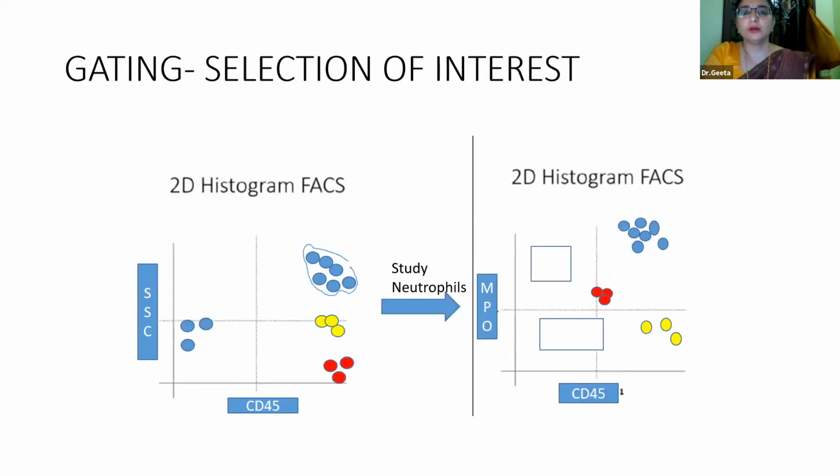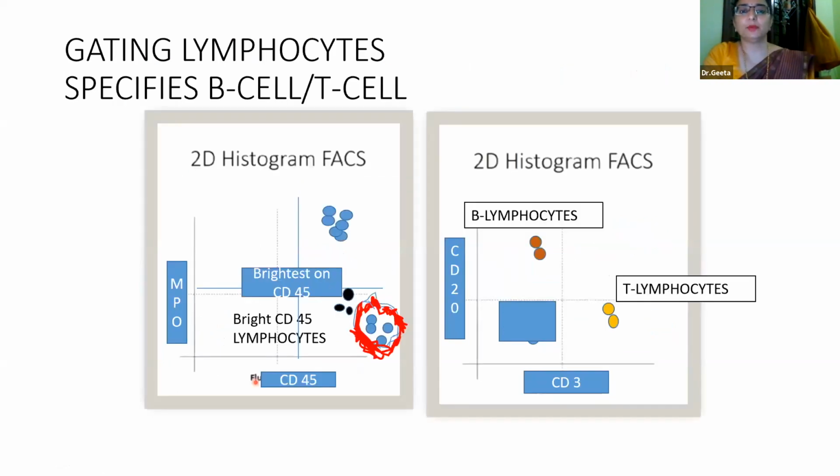As you saw, when we gated the MPO positive cells, these other cells were not seen, they were unstained. Now I've just removed the barriers, and these are still there, but they were not depicted before because we gated or selected the population of interest.